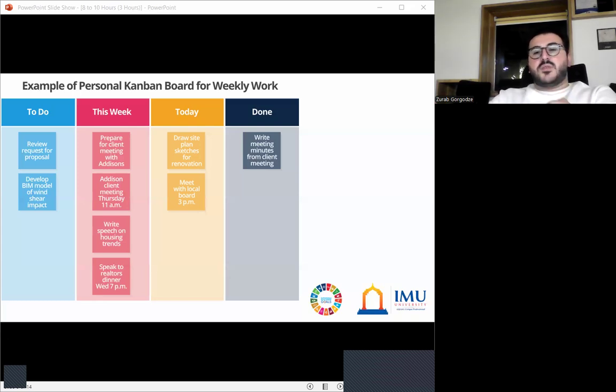Second, increased efficiency. By limiting work in progress, WIP, and managing flow, teams can identify bottlenecks early and optimize their processes for improved productivity. Third, flexibility.